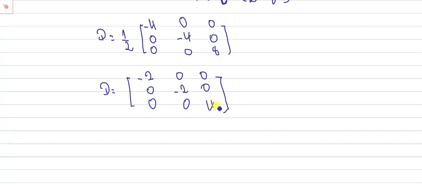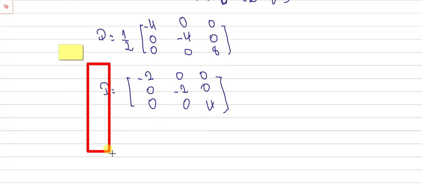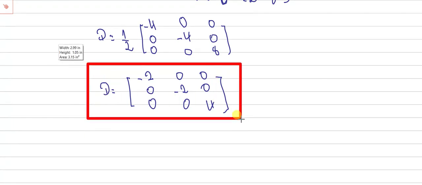This is the diagonal matrix of matrix A. So we can find the diagonal matrix by the characteristic equation. Now we got the diagonal matrix of the matrix A.